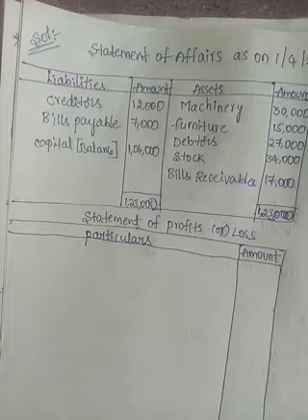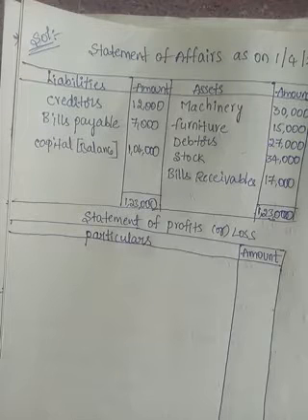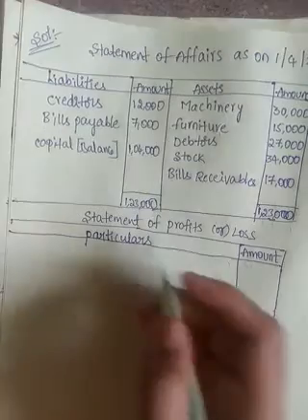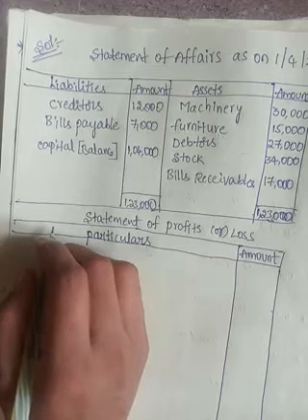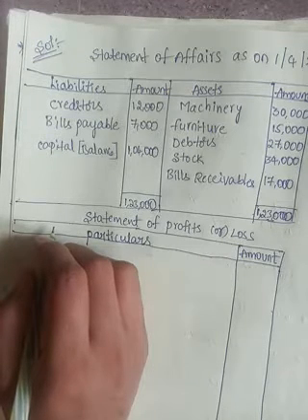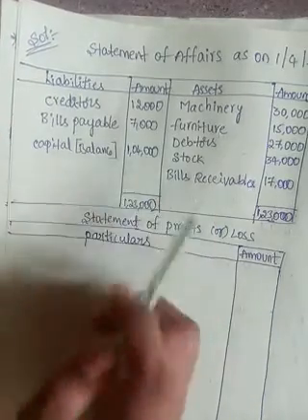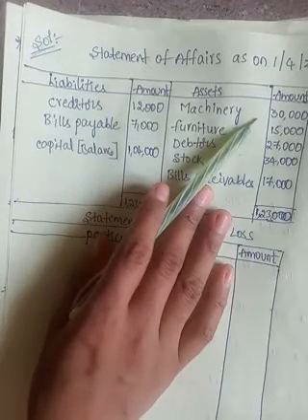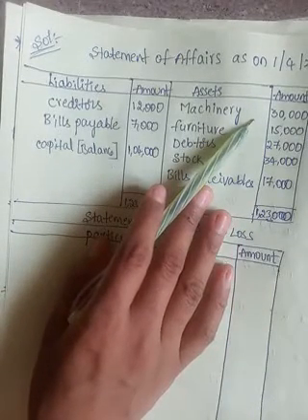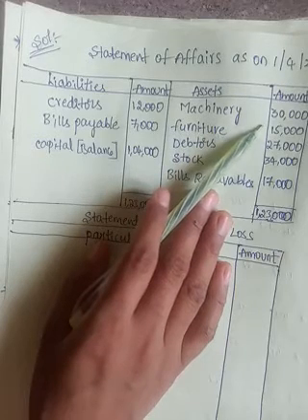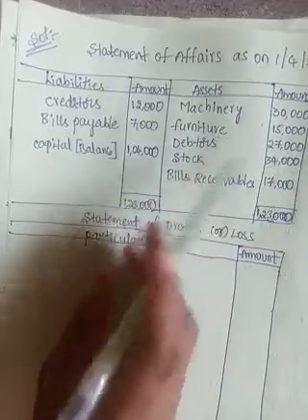So first to be taken is the closing capital. The information is given as on 1st April 2009; the financial year starts from 1st April and ends on 31st March 2010.